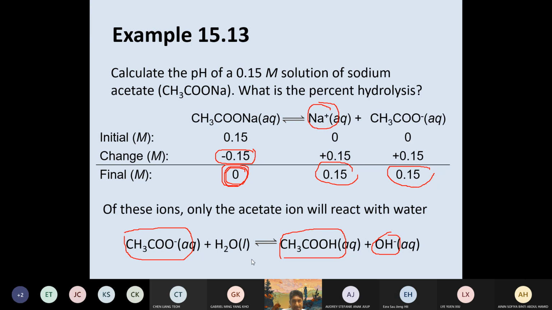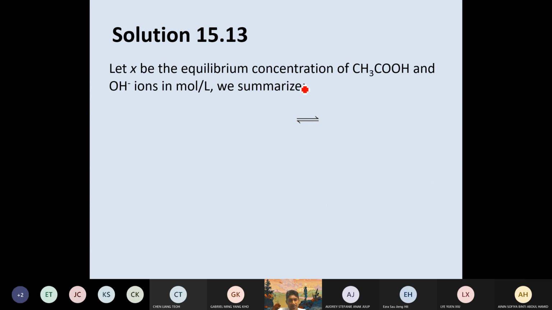But after the acetate ion has been dissociated, the acetate ion is hydrolyzed, producing acetic acid and hydroxyl ion, right? And this hydroxyl ion is the question later on: since hydroxyl ion is being produced, how basic will the solution be?